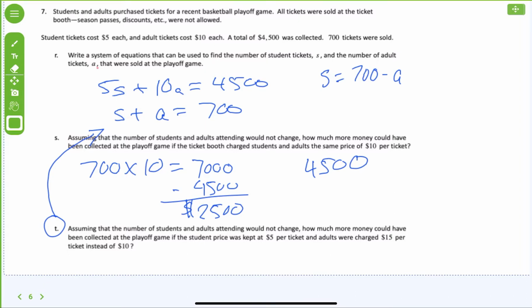If I subtracted A from both sides, now I have 700 minus A is equal to S. Everybody see that? Now, if I plug in for S, 5 times 700 minus A plus 10A, that is equal to 4,500. Oh, stop. 100.